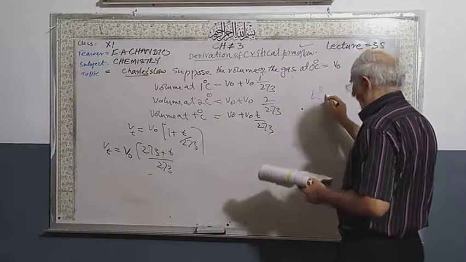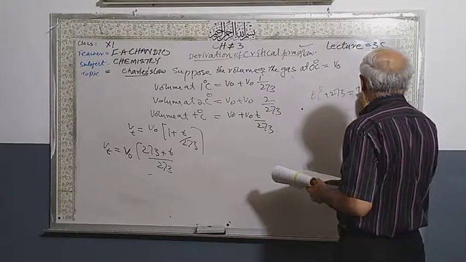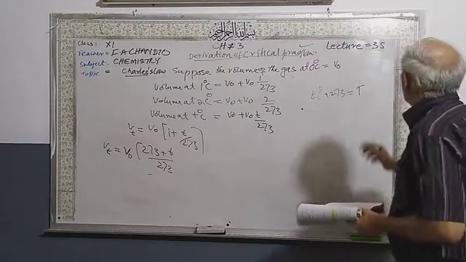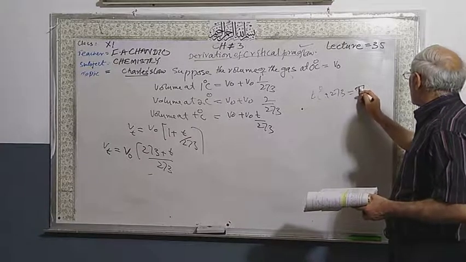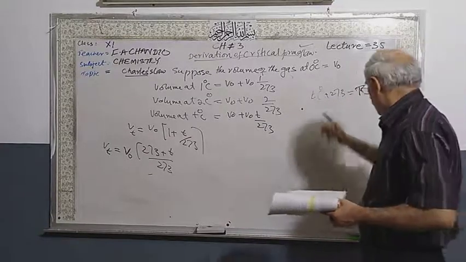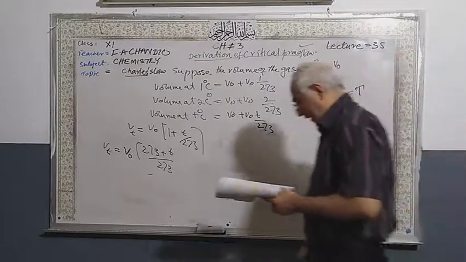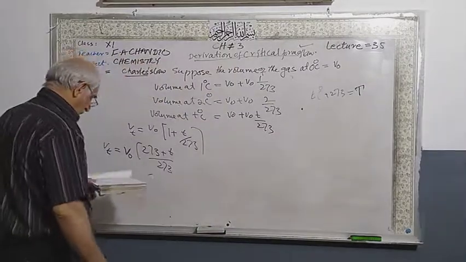So temperature in degrees Celsius plus 273 is called the Kelvin temperature, which is denoted by capital T, and is called absolute temperature.